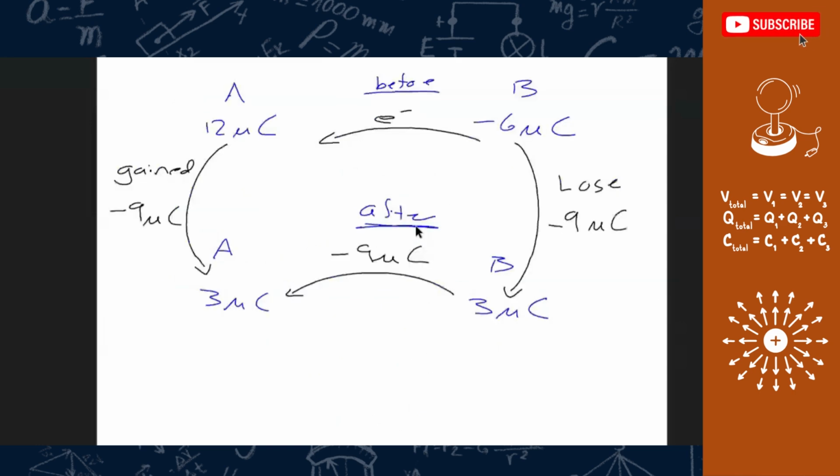What does that mean? It implies that we initially started with 12 microcoulombs for object A, and it received 9 microcoulombs, and its final charge was 3 microcoulombs. Whereas B transferred its electrons to A, it lost 9 microcoulombs, and its final charge is then 3 microcoulombs.